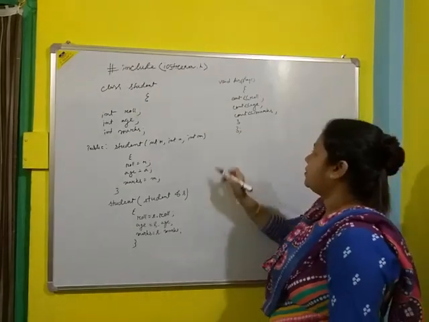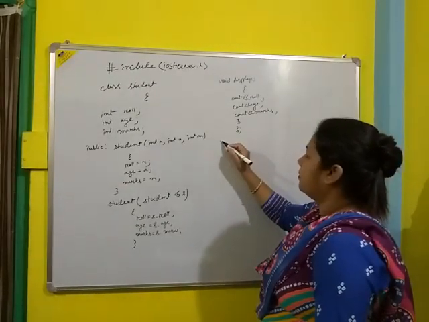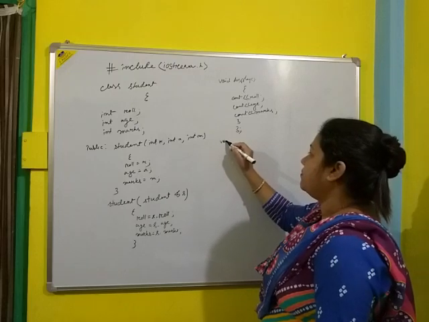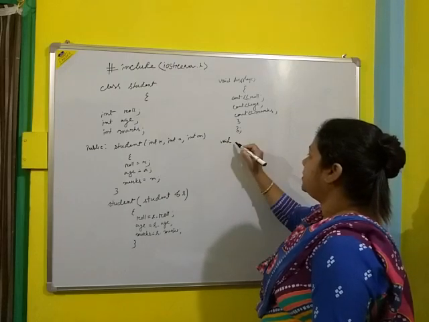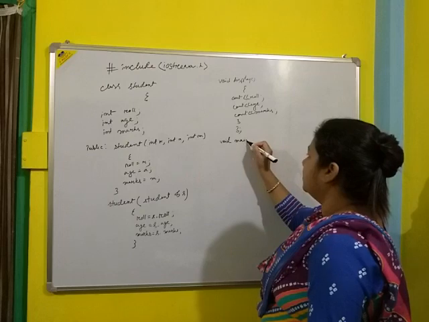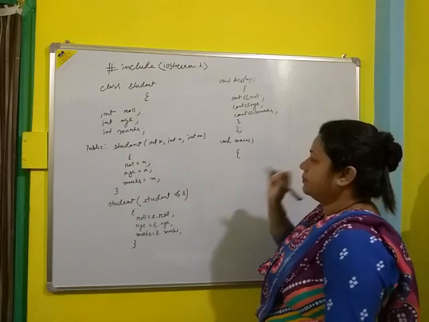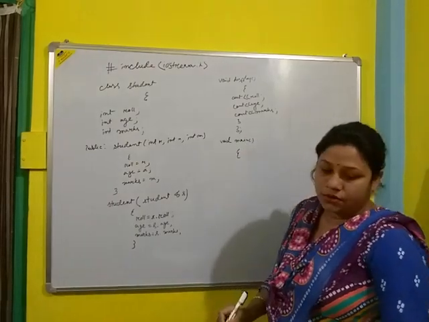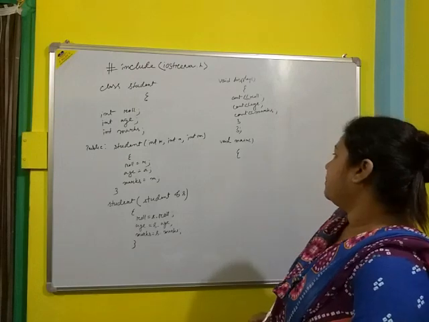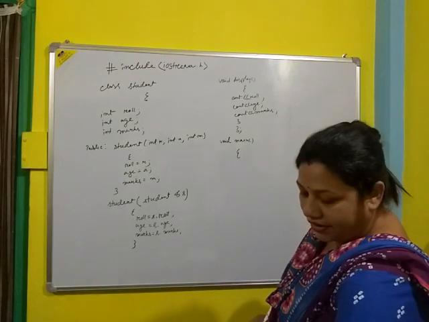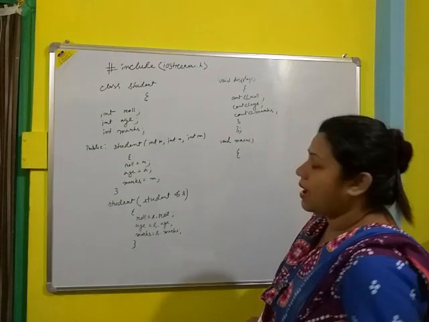Okay. Now I am going to write the void main function. void main begin. Okay. So inside this main function I am going to declare one object.